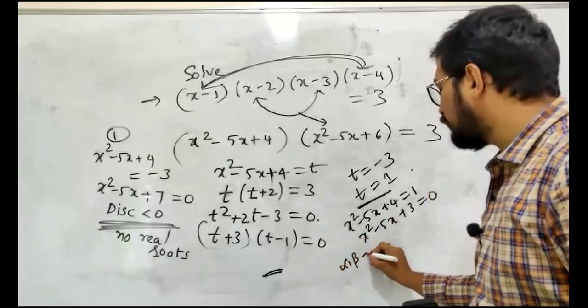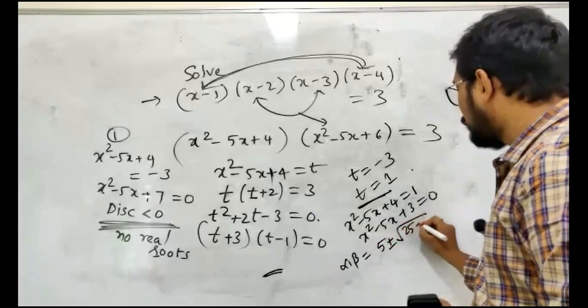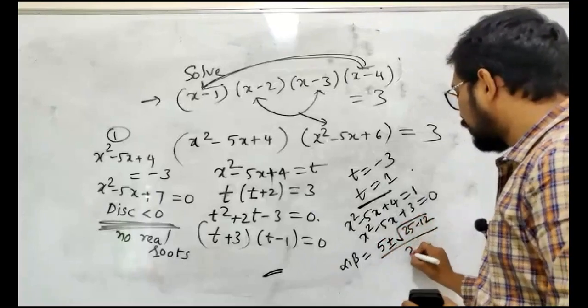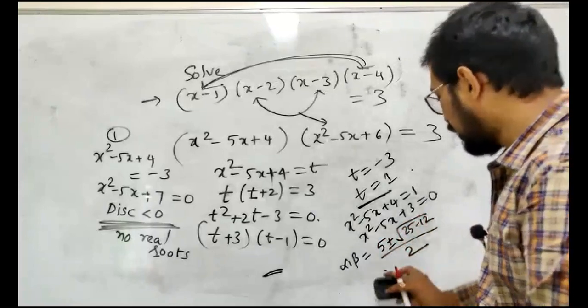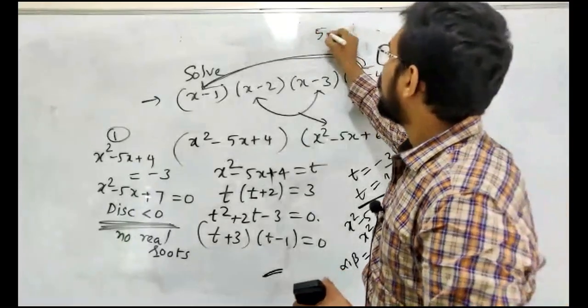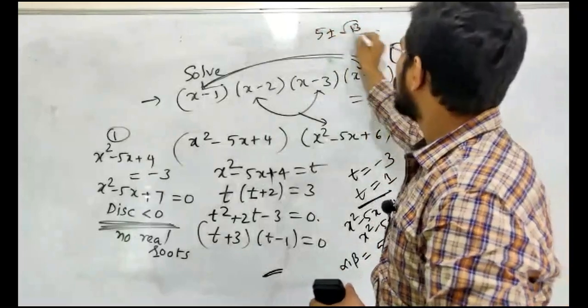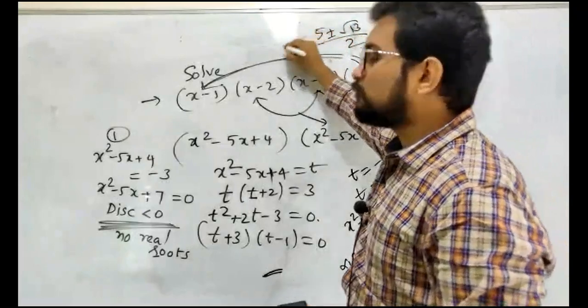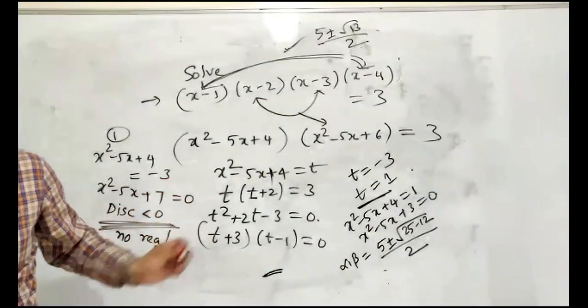Alpha, beta will be 5 plus or minus under root of 25 minus 12, by 2. So the roots for that equation will be 5 plus or minus root 13 by 2.